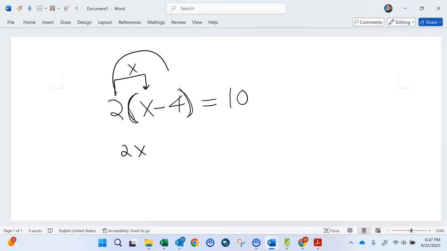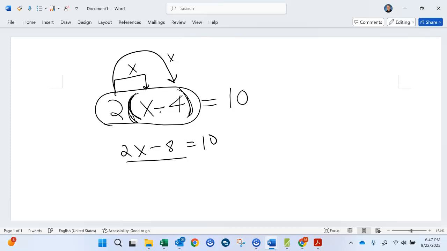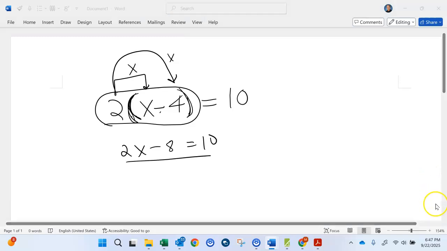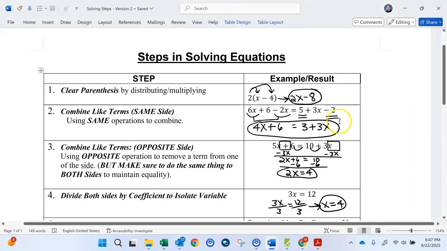And then this 2 is times negative 4, so that's going to be minus 8 equals 10. So that's called distribution, where you get rid of these parentheses and put it in this form. So if we go back, this is the example. Multiply by 2, 2x, multiply by negative 4. So that's going to be the very first step.